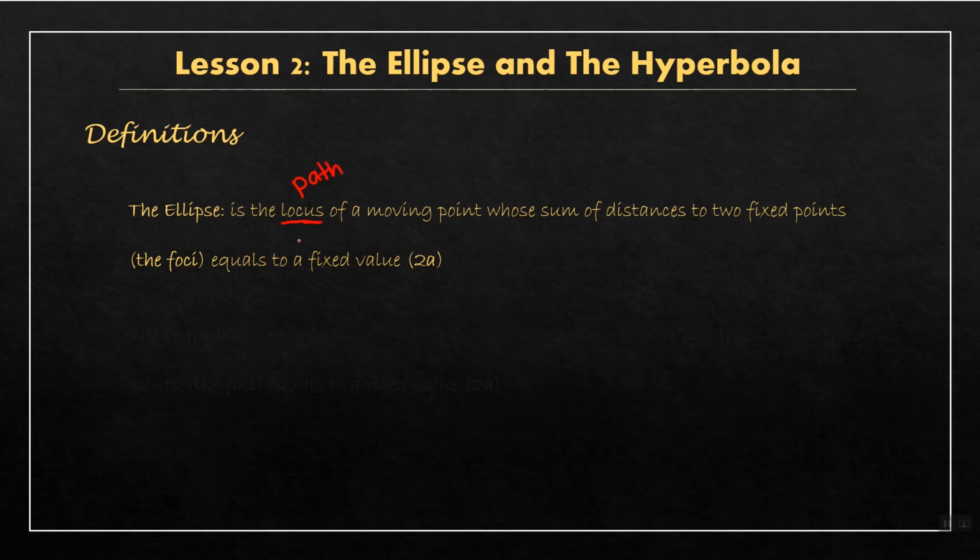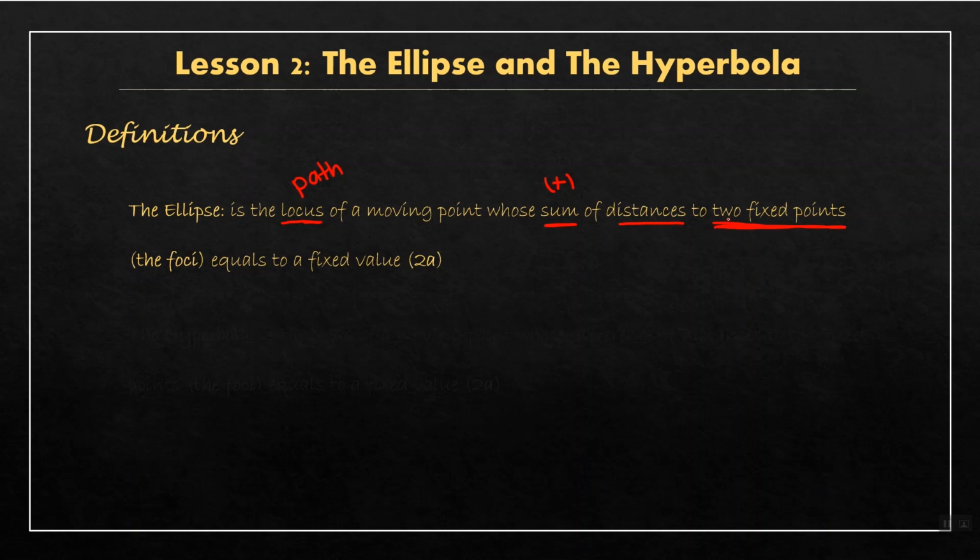So the locus is the locus of a moving point whose sum of distances. Now we have a sum here. It means addition of distances. So we don't have one distance. We have more than one distance to two fixed points. Okay, now we have two fixed points. In the parabola, we had only one fixed point, which was called the focus.